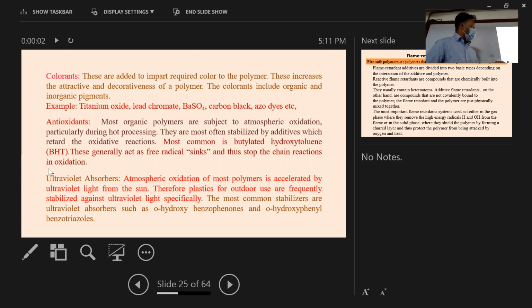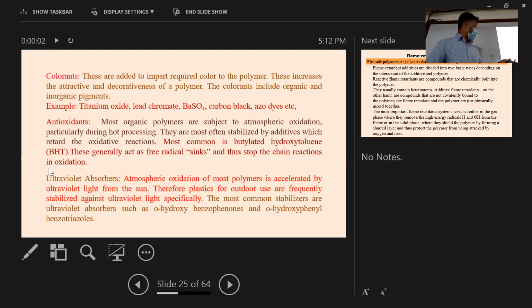Therefore, plastics for outdoor use are frequently stabilized against ultraviolet light specifically. So when we want to use plastic or polymeric materials outside, the material needs the ability to absorb the UV, not reflect. If it reflects, then it can be dangerous for us. So we should have the capacity to absorb the UV light.